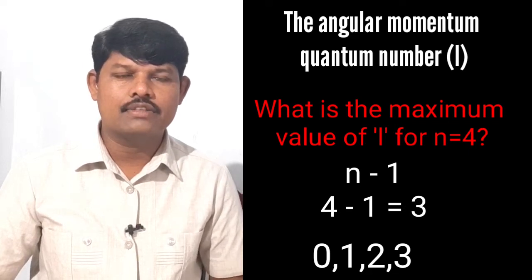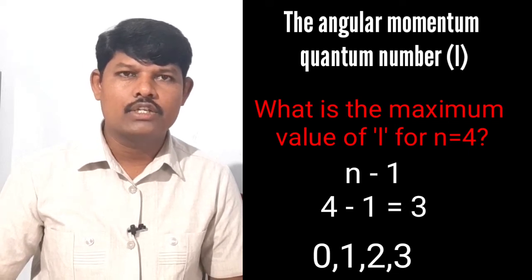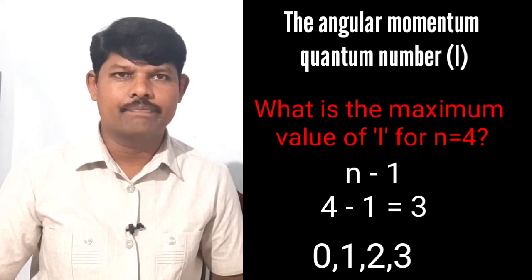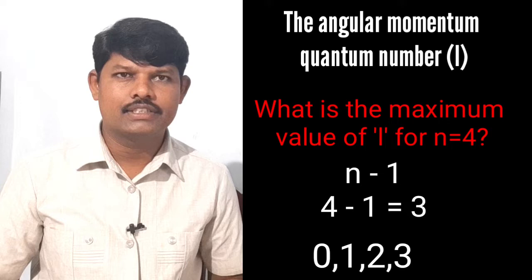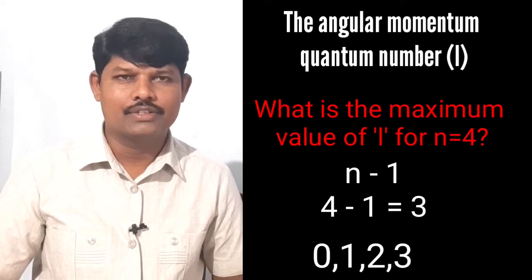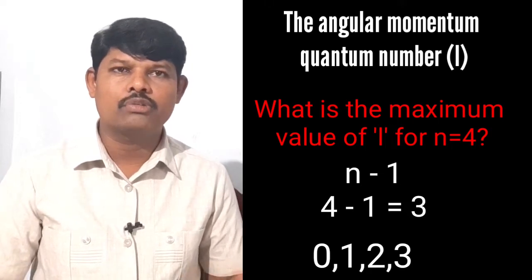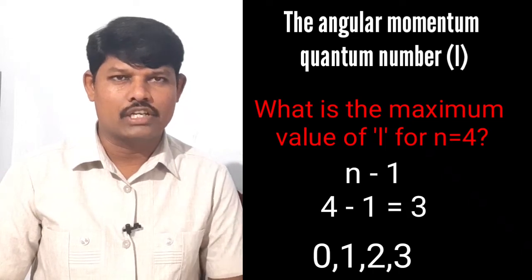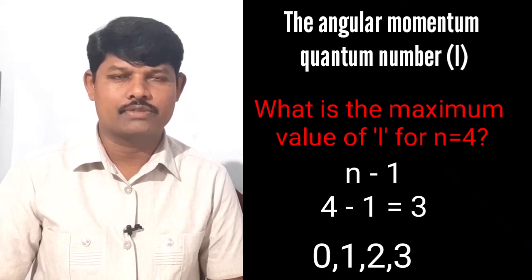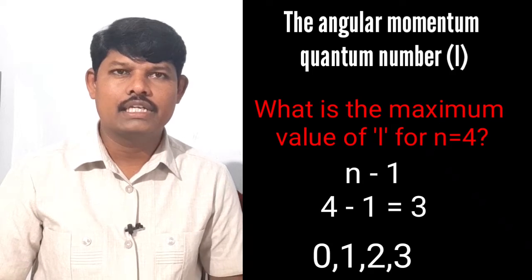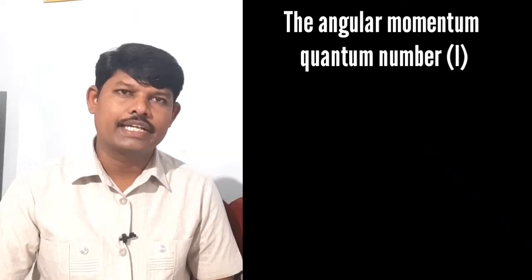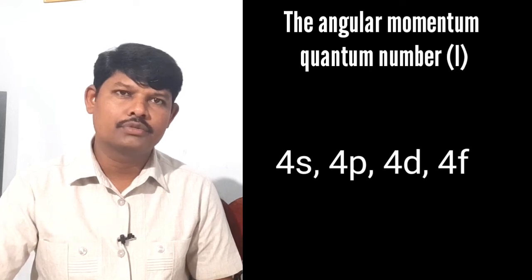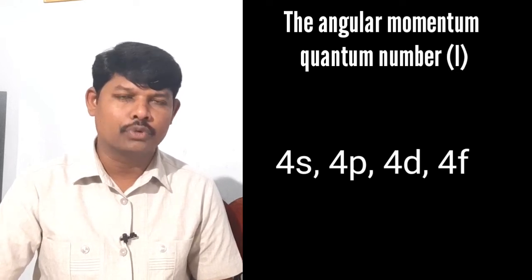What does 3 correspond to? 0 means s, 1 means p, 2 d, 3 f orbital. So in the fourth main shell there are 4 subshells: s, p, d, f. That is 4s, 4p, 4d and 4f.